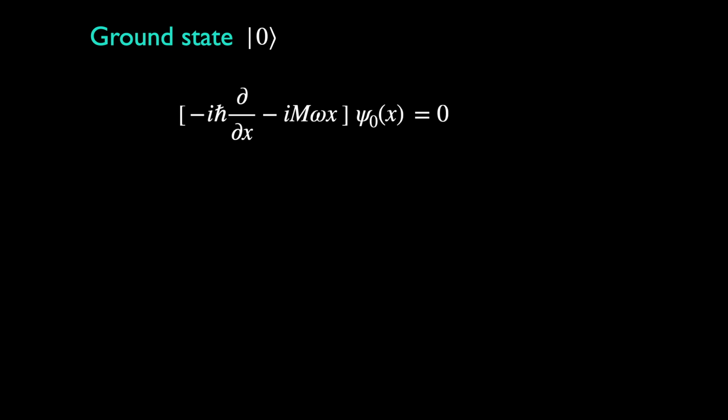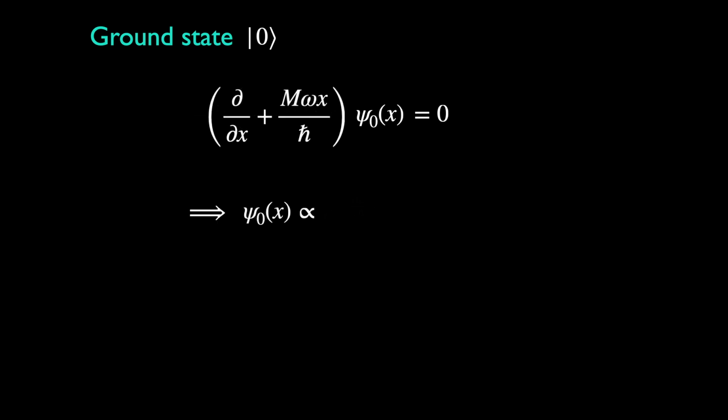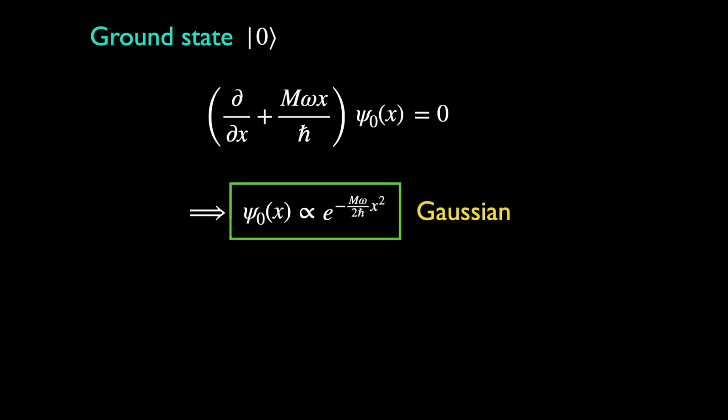Let's solve for the ground state wave function psi 0. This equation is easily satisfied by the Gaussian function, which is a normalizable wave function.